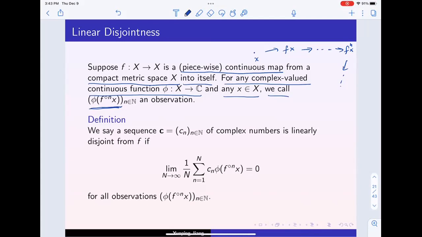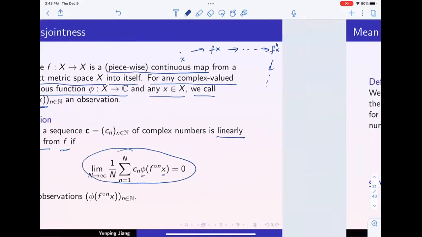So we say a sequence of complex numbers is linearly disjoint from f if this limit equals 0 for all phi and all x. That is the definition of linear disjointness.